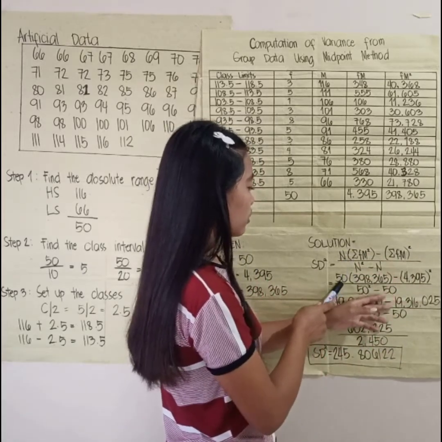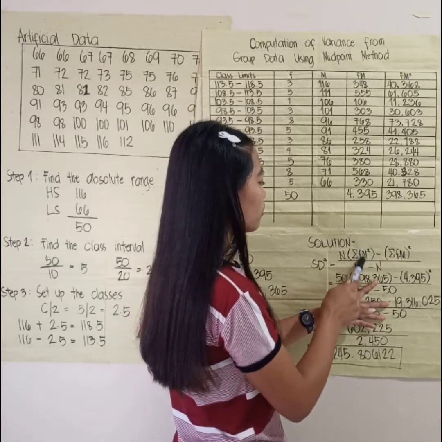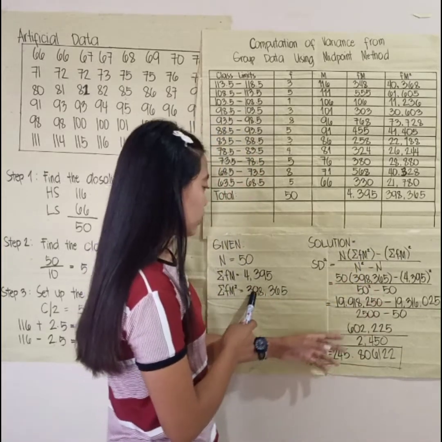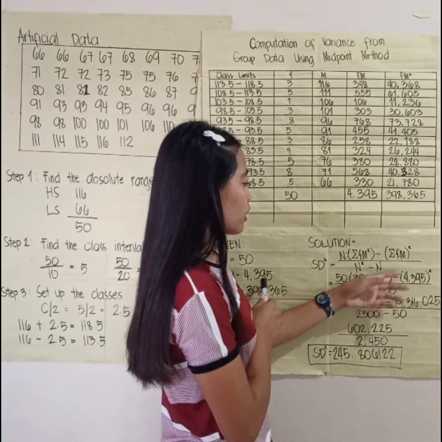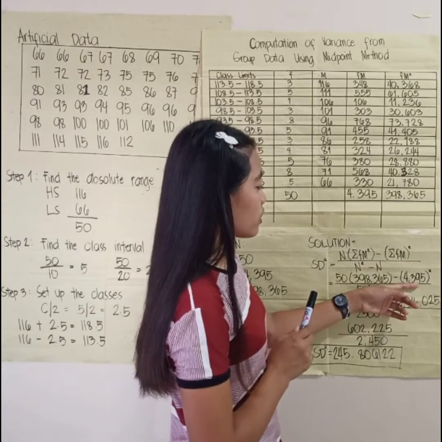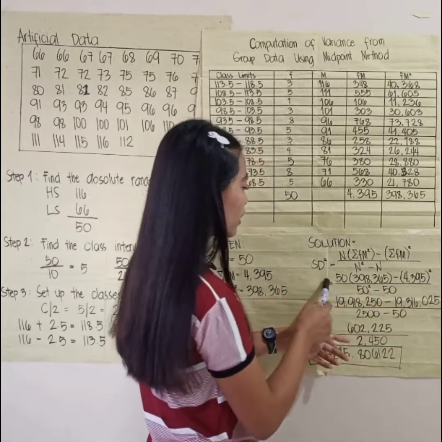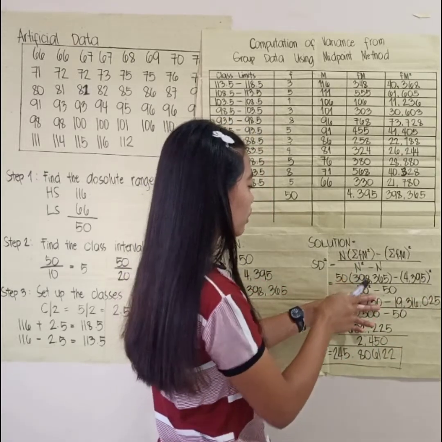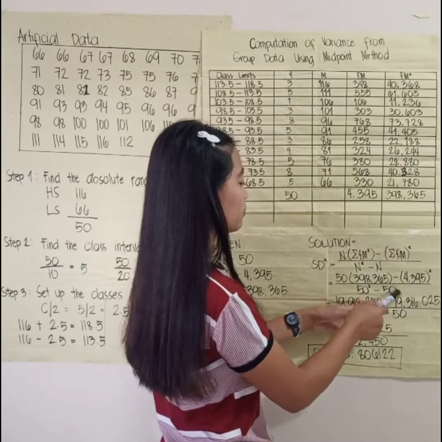For n, substitute 50. Next, substitute the summation of Fm2, which is 398,365. Next, substitute the sum of Fm, which is 4,395, squared, divided by n squared, which is 50 squared, minus n, 50.